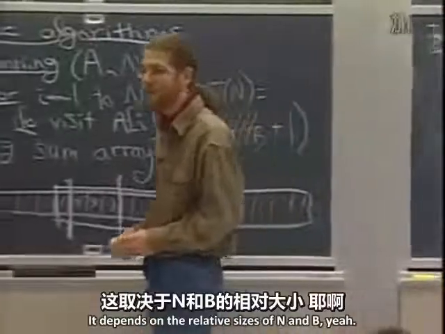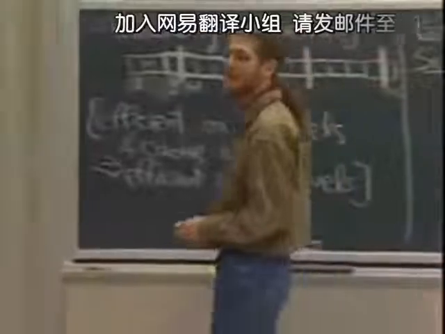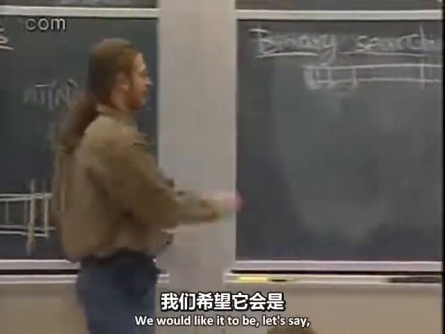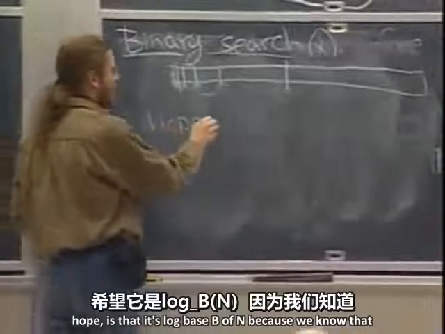Depends on the relative sizes of n and B, yeah. Is it log base B of n? Log base B of n would be a good guess. We would like it to be, let's say hope, is that it's log base B of n.